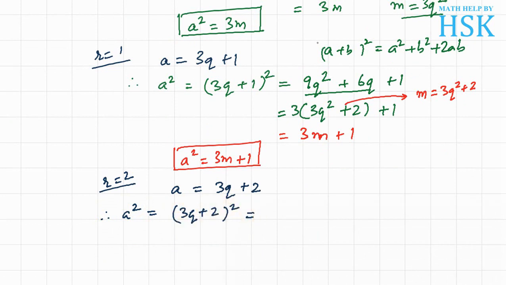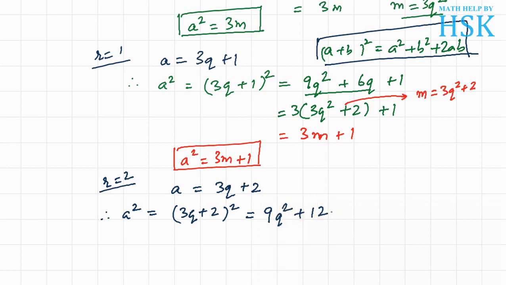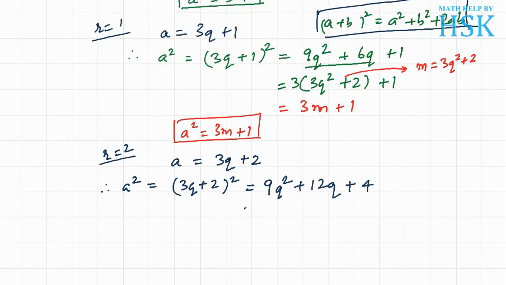On applying again the formula of a plus b whole square, I'm going to get 9q square plus 12q plus 4. Because we have to prove that the square of any positive integer is in the form of 3m or 3m plus 1, I'm going to do exactly the same thing.